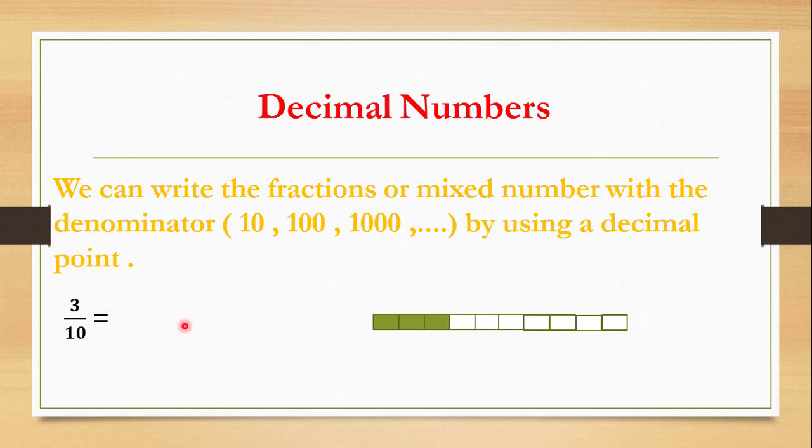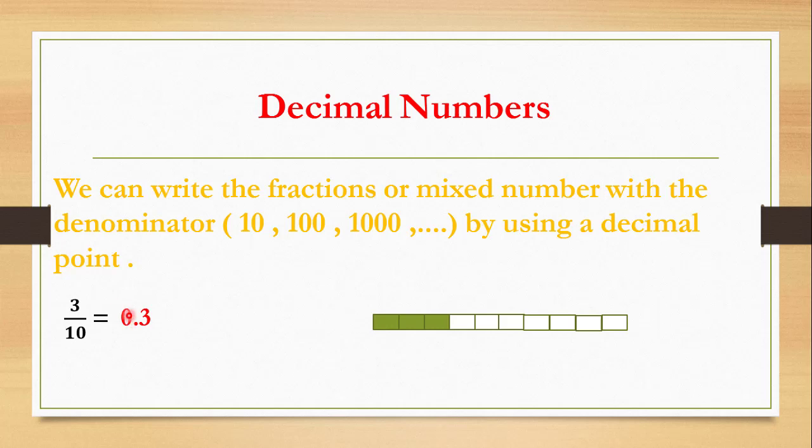We will write 3, then put the decimal point like this: 3, then count only one digit, then put the decimal point. I'll count according to the number of zeros in the denominator. Here I have only one 0, so I'll count only one place, then I'll put the decimal point.